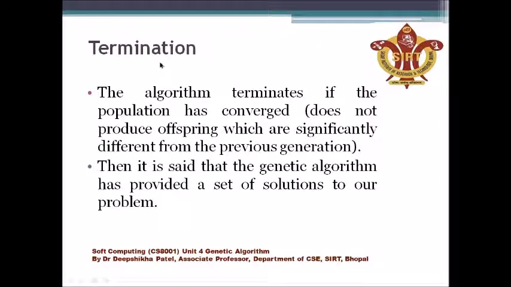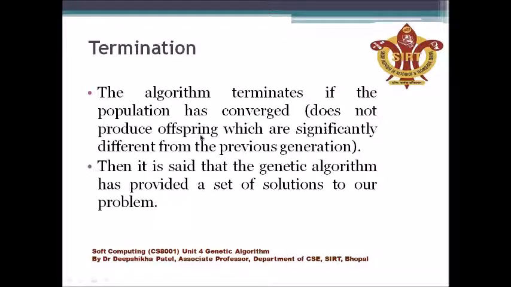The last phase is termination. The algorithm terminates if the population has converged, or we can define a condition for the maximum fitness score, and when we achieve this fitness score, the algorithm will be terminated.